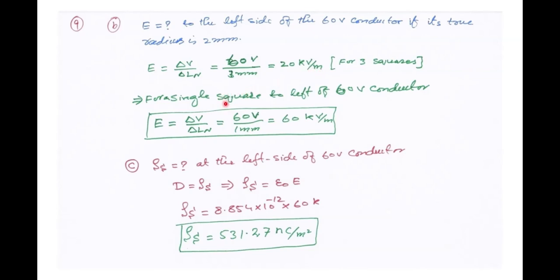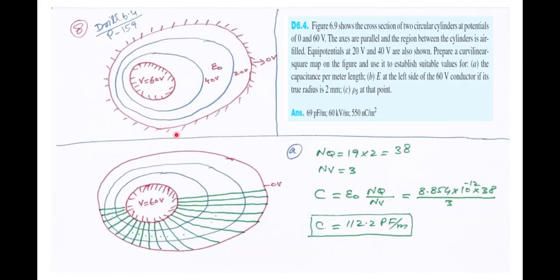For example, you want to find the electric field. Electric field is always in the normal direction to the conducting boundary. So you can also use the first cell very close to the inner conductor.